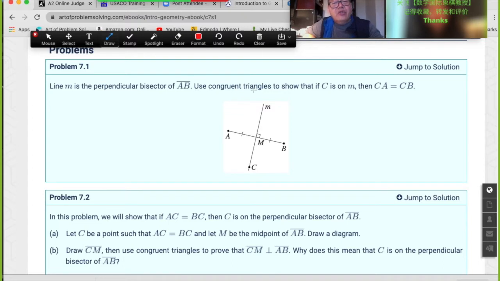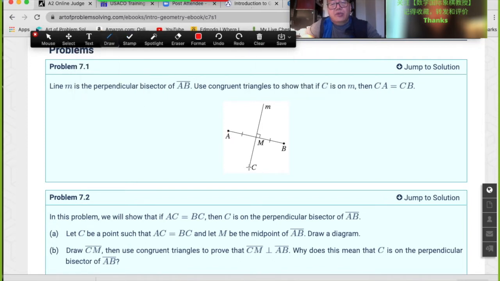Then they ask you to use congruent triangles to show that if C is on M, on this line, then CA equals CB. They ask you to prove CA equals CB. I need to change this one to segment.